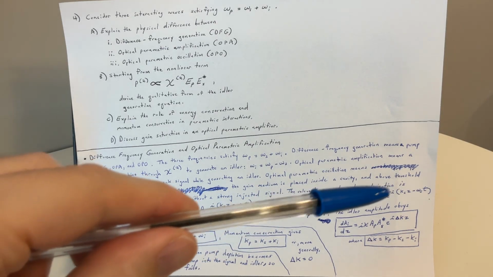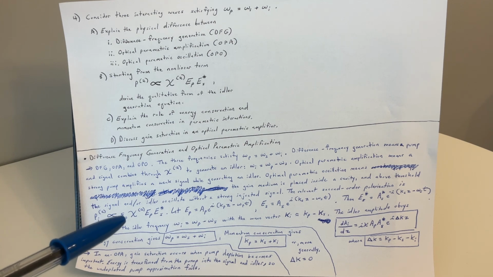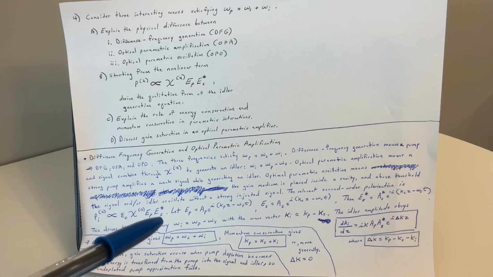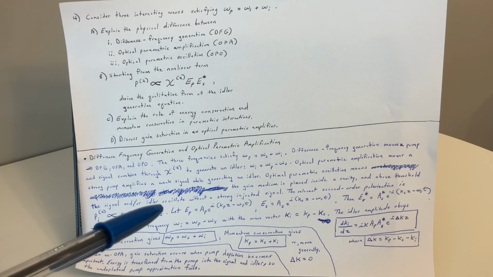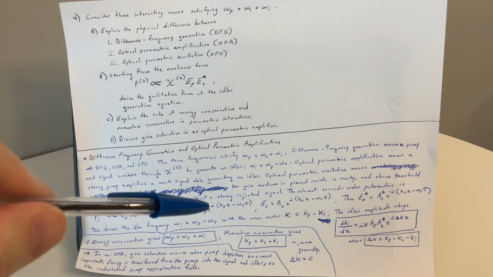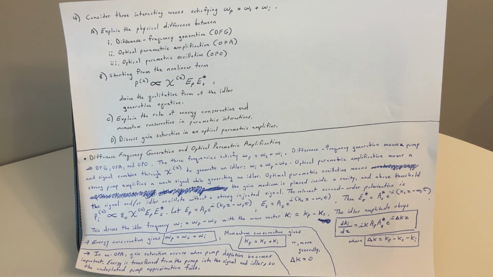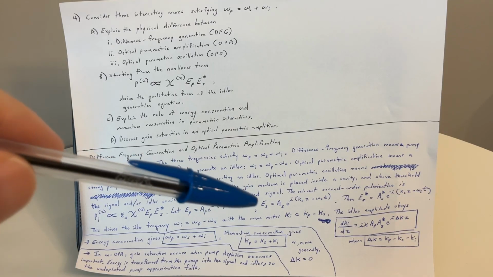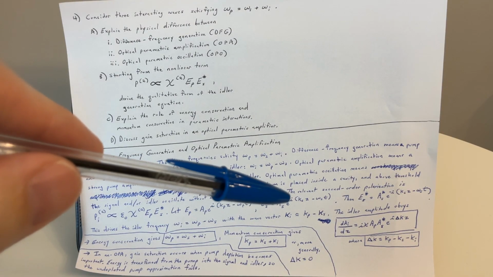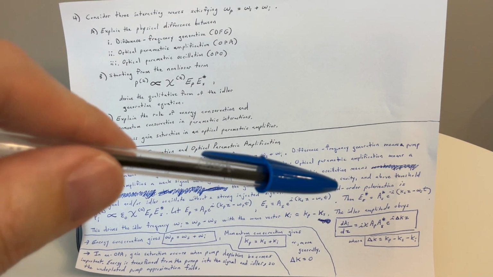The relevant second order polarization is this. That second order P_i is proportional to ε_0 χ second order E_p E_s star. Let E_p equal A_p e^(i(k_p z − ω_p t)), and E_s equals A_s e^(i(k_s z − ω_s t)).